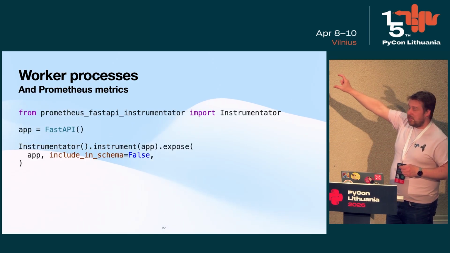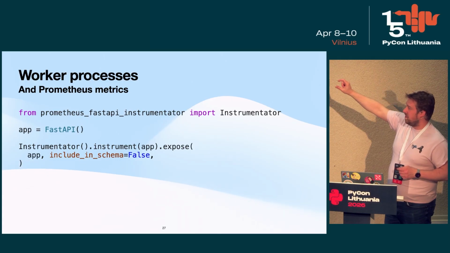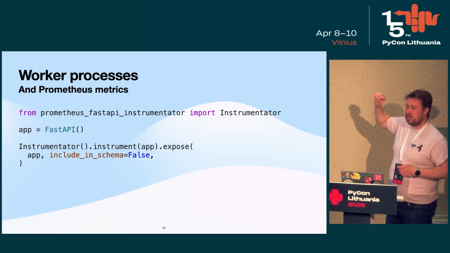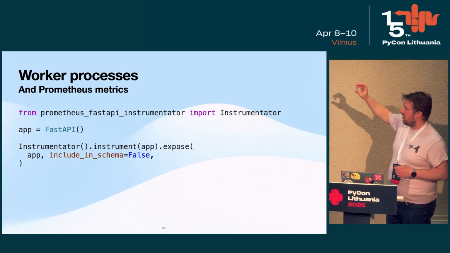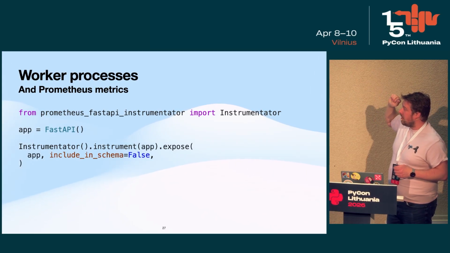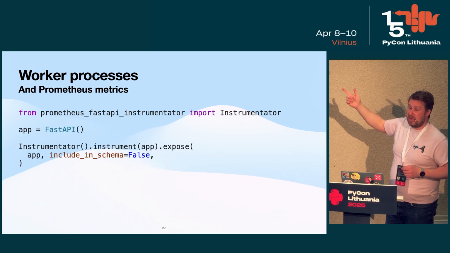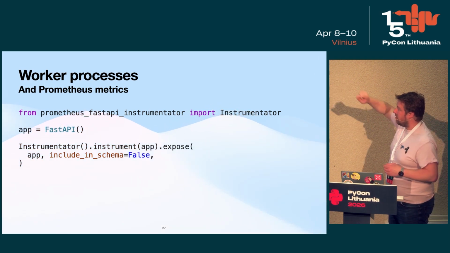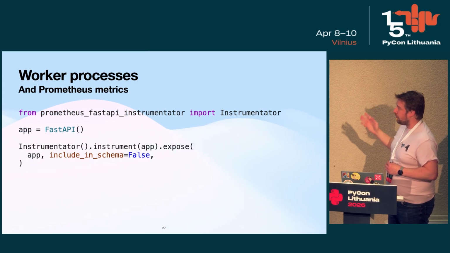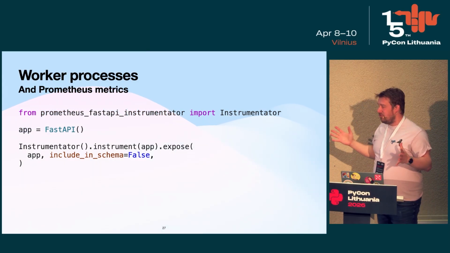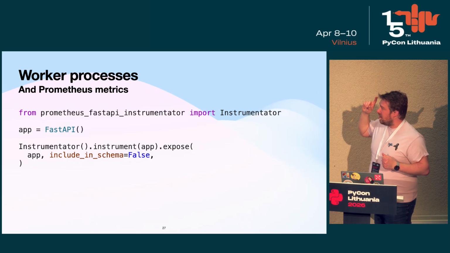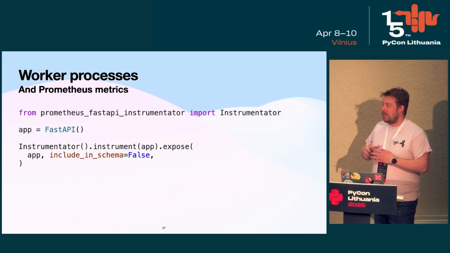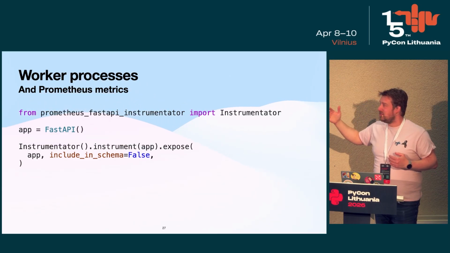Prometheus instrumentation, really easy to add into your FastAPI app. This is awesome. This gives you some Python metrics on garbage collection and memory usage. This gives you request counts and request times straight out of the box just with that single line of code. Really great. However, when you run multiple worker processes, that doesn't work in the same way, and you end up with false counts.